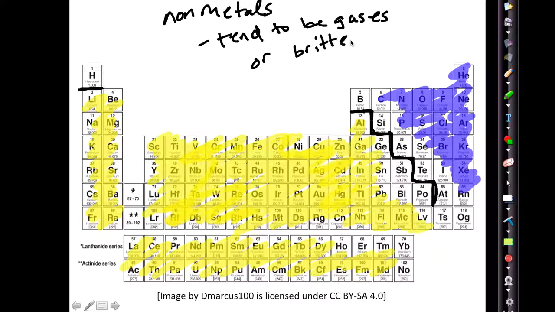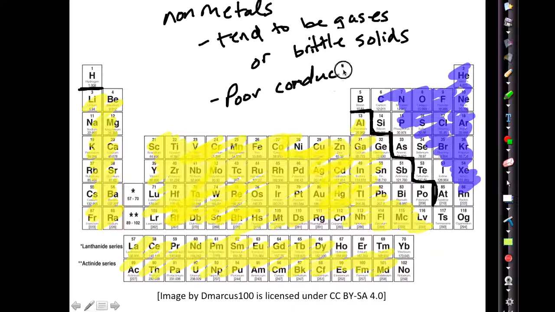There are exceptions, but we do see that many of these nonmetals are either gases or brittle solids. Also, typically poor conductors of both heat and electricity when we talk about nonmetals.